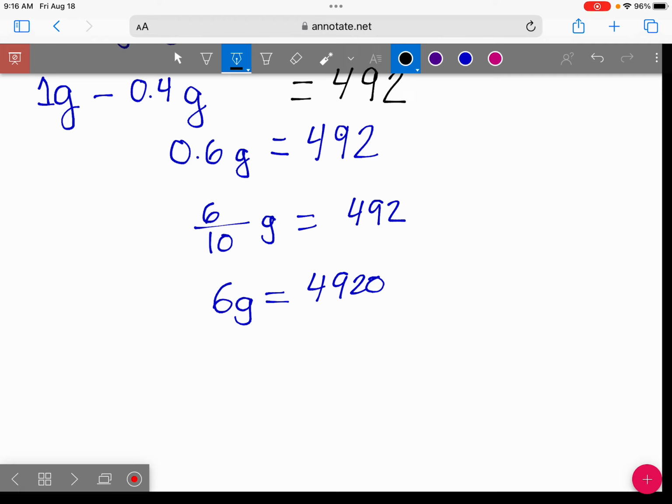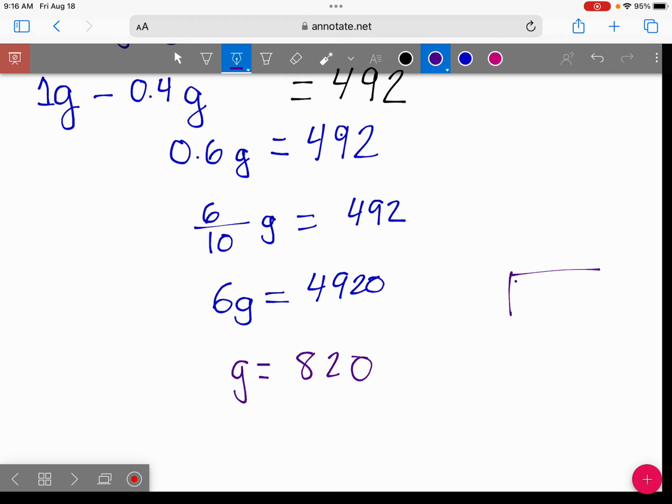We should wind up with 49 divided by 6 is 8. I'm doing it in my head. Hang on. 48. So it leaves us with 12. 20. Yeah. 820.